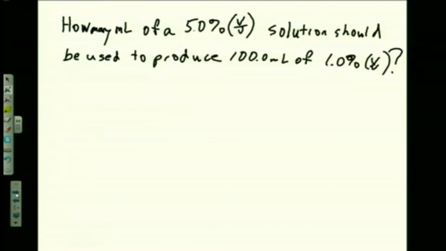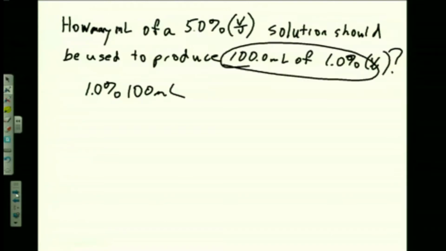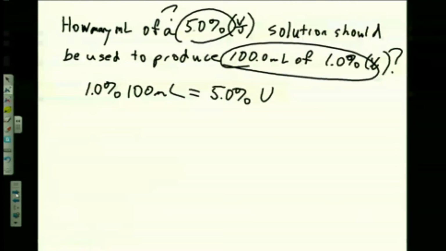We ready? Okay. So, it doesn't really matter which side you write them on either, as long as I know that these two go together and this goes with some unknown, right? Because the 5 goes with how many milliliters of the 5% do I need to use to make 100 milliliters of 1%?